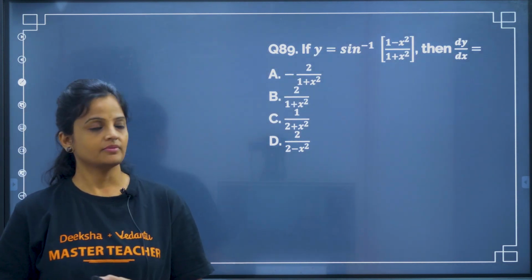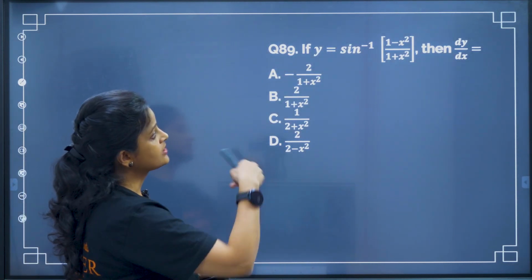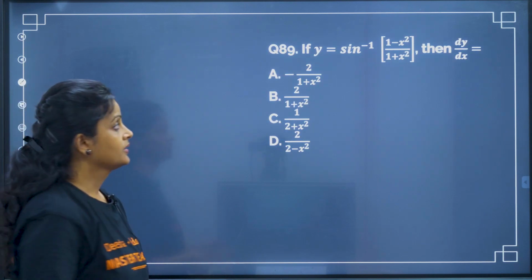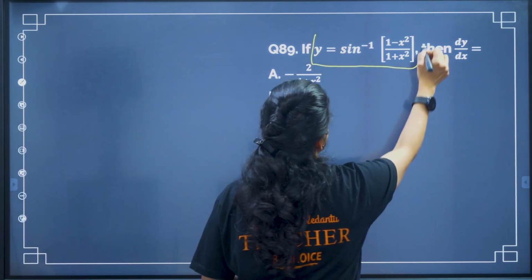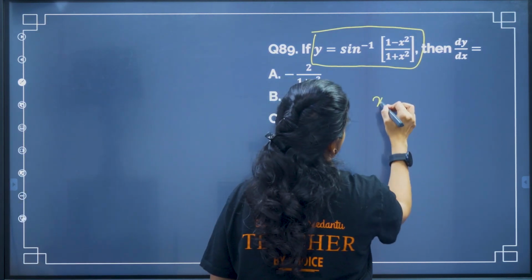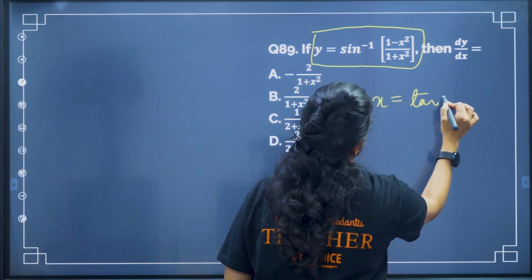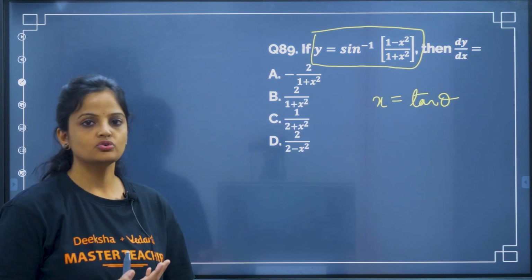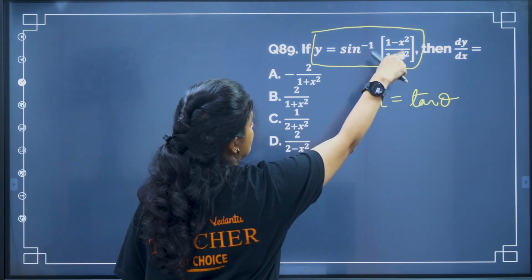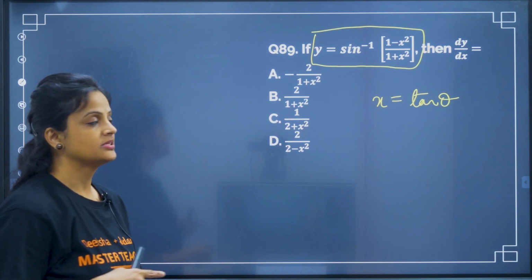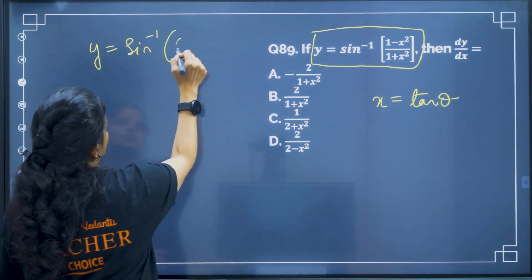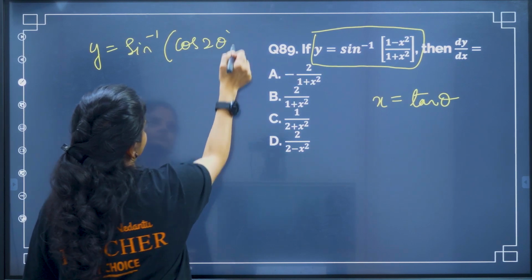89th question. y is equal to sine inverse of so and so given. dy by dx is what? Before I differentiate this, I know what to take as a substitution: x as tan theta. Okay, substitution method in the inverse. If I take x as tan theta, 1 minus tan square theta divided by 1 plus tan square theta will become cos 2 theta.